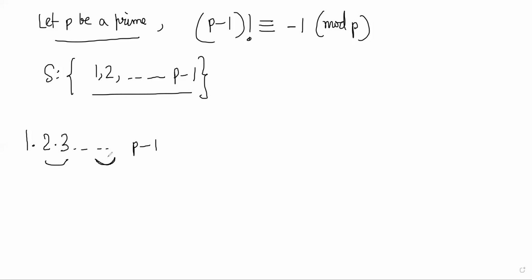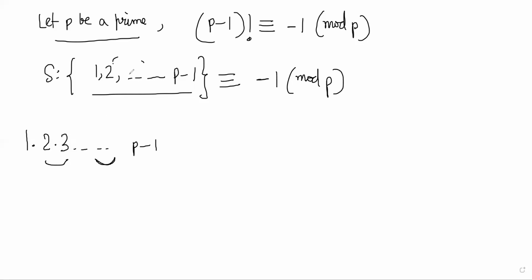So how will we prove that you will always get minus 1 mod P? How can you prove that this product will always happen like this? Because we can find pairs. So for any X here, can we find a pair here is the question.